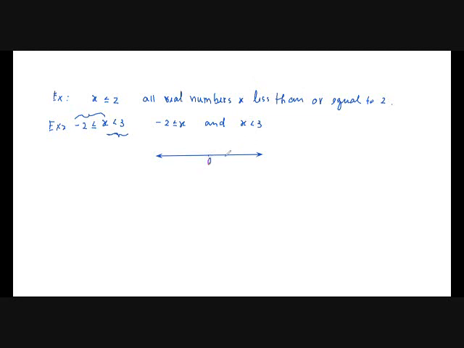So we have 0 here, then 3 about here, and -2 here. For the first way, because there is an equal sign underneath, that means we include -2. -2 is a part of the solution, so you close this side. This side represents a closed interval.